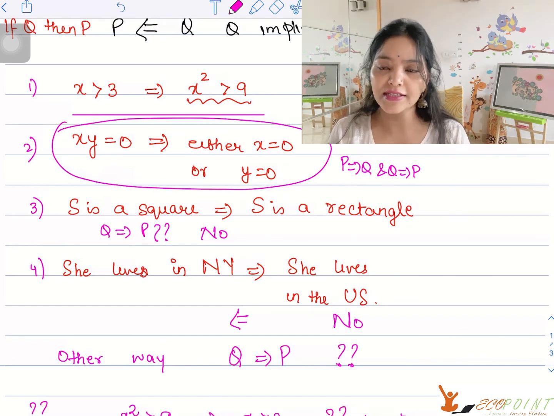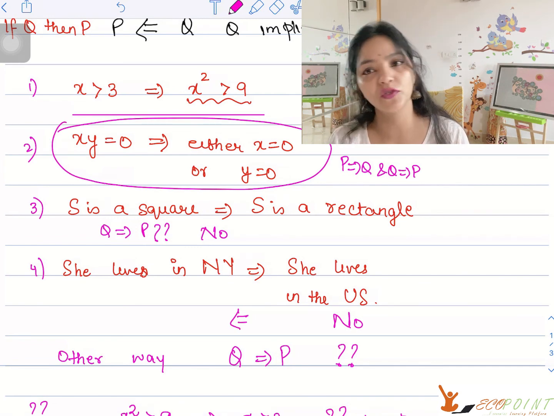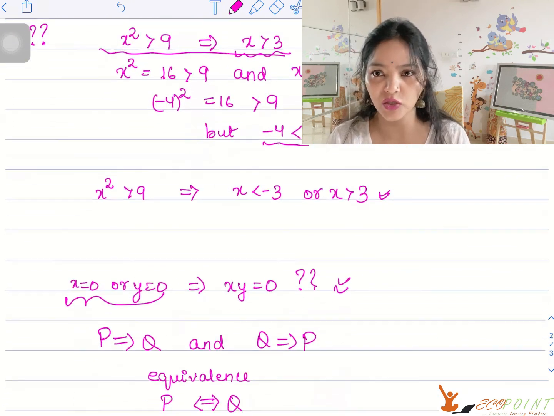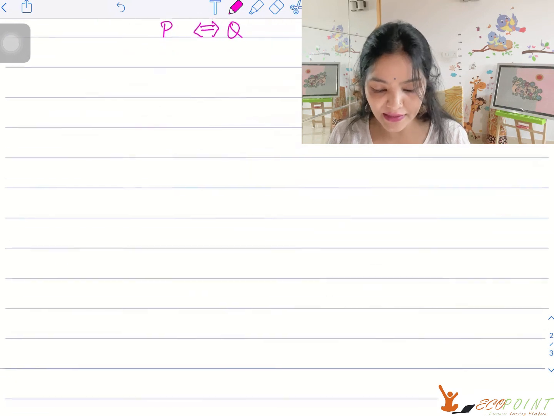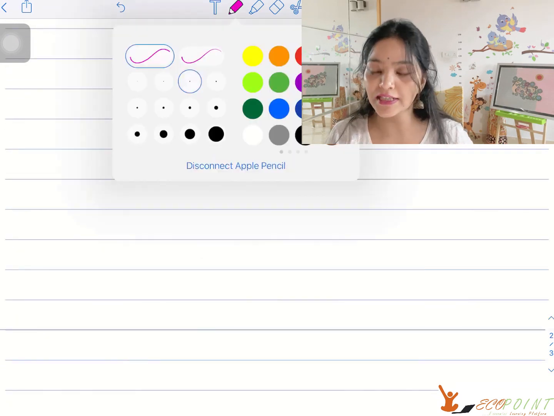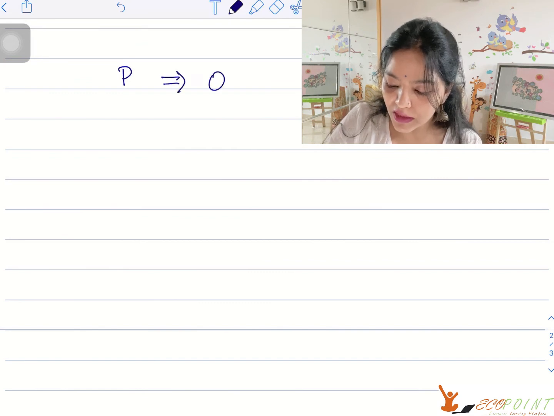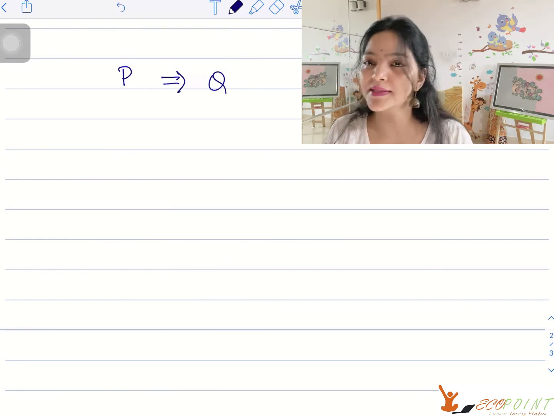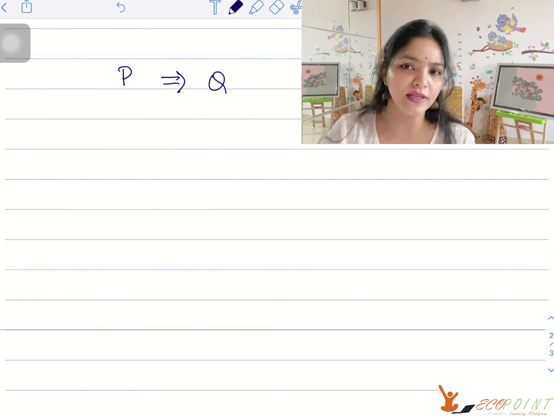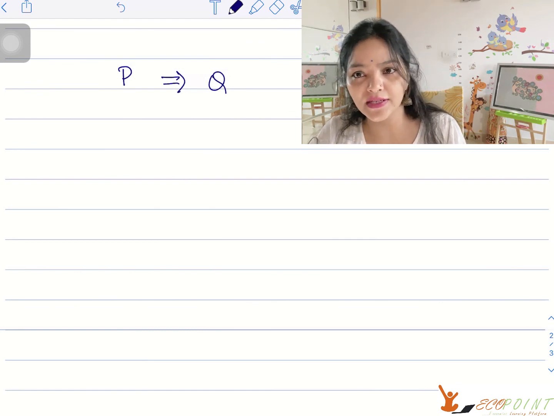So there is, in a certain sense, a necessary part and a sufficient part to an implication. And that's what I will talk about now. So let's talk about necessary and sufficient part in any implication. Suppose you have an implication P implies Q. Reminding you again, P and Q are some propositions. It could be any propositions. I've already given you examples, but these are the generalizations that I'm taking here.